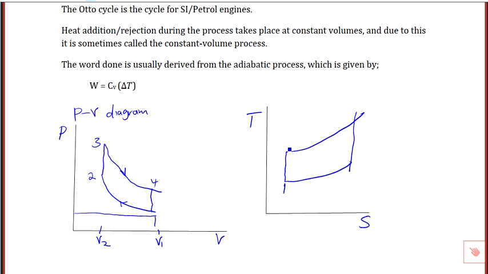So this is 1 to 2, and then again we find that S1 is equal to S2, and here V1 is equal to V4 and V2 is equal to V3.